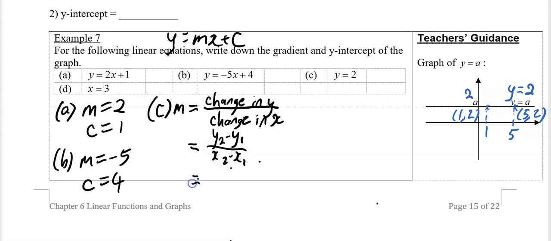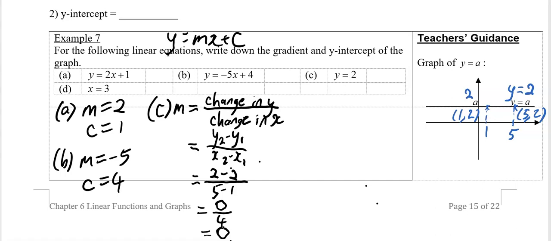So this gives me 2 minus 2, because both y values for these two coordinates are 2, divided by 5 minus 1. So this gives me 0 over 4, which is simply 0. Now I'm doing this question a bit longer because I need you to be very clear why a horizontal line has gradient 0.